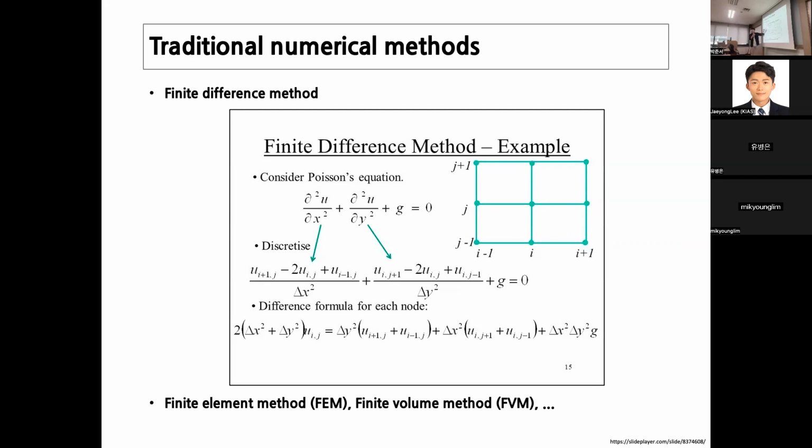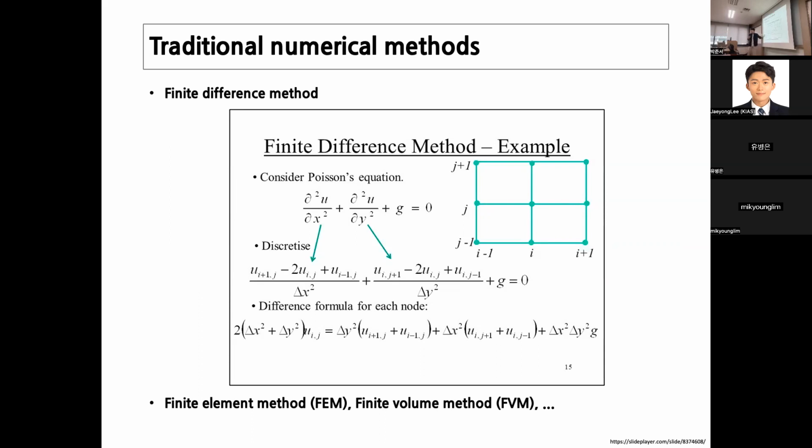Then we discretize the differentiation terms like this one, and with values at each node we can calculate all the u values at each point using these relations.